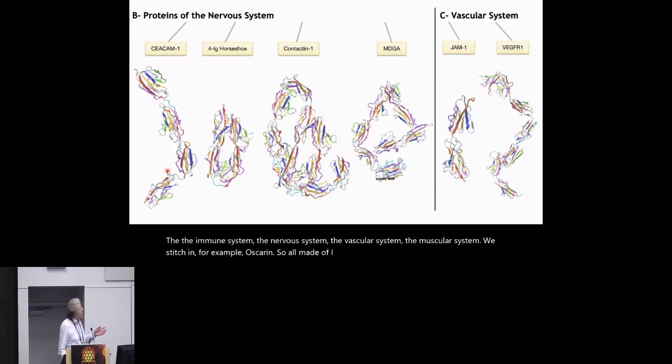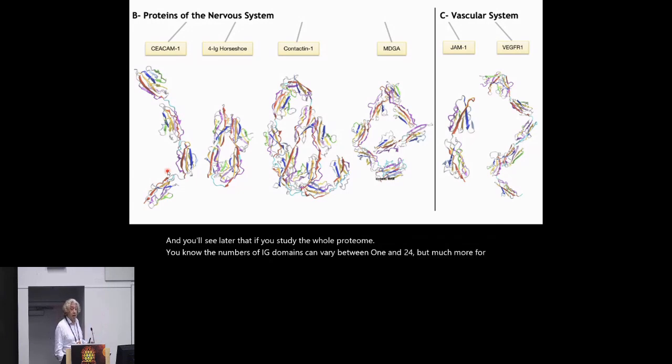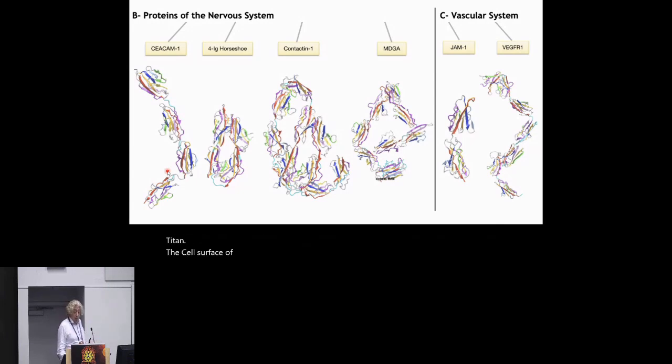And Ig domains tend not just to be by themselves, they are forming chains. And you'll see later that if you study the whole proteome, the numbers of Ig domains can vary between 1 and 24, but much more for titin on the cell surface of proteins. So to us, it looked very important to look at Ig domains.